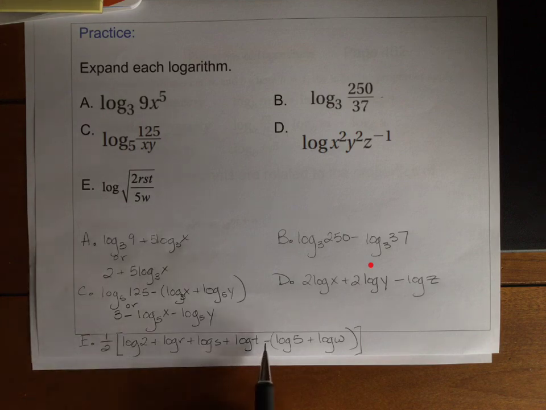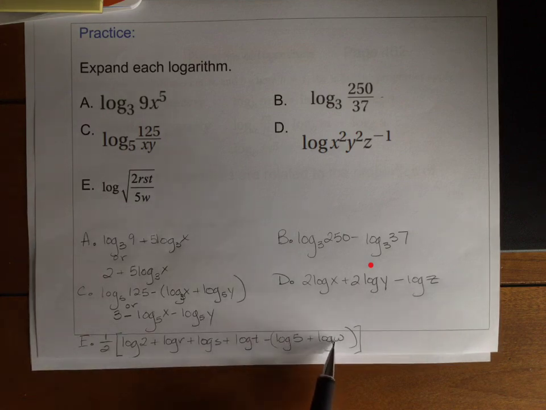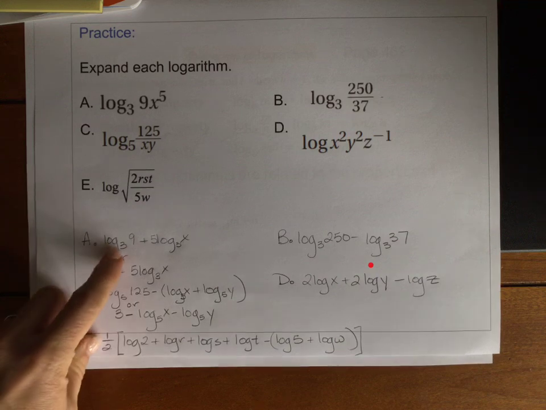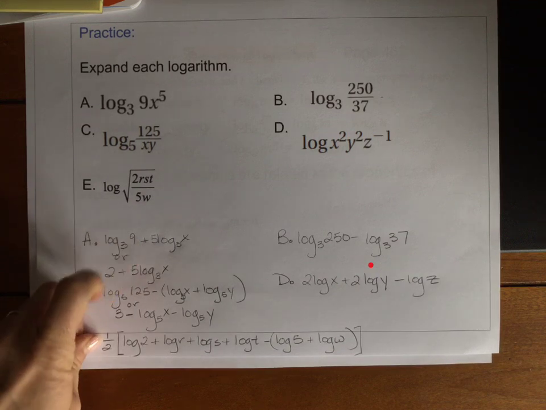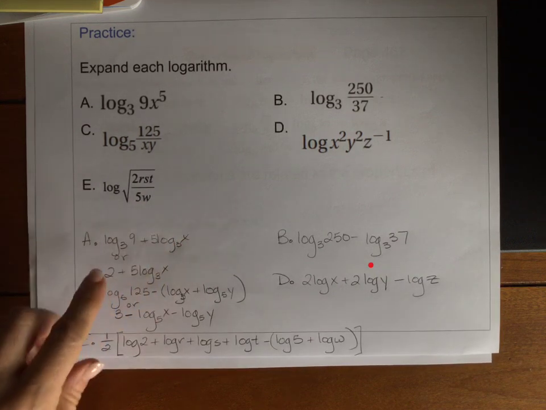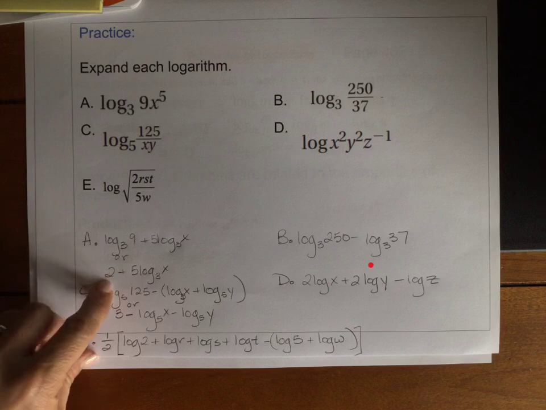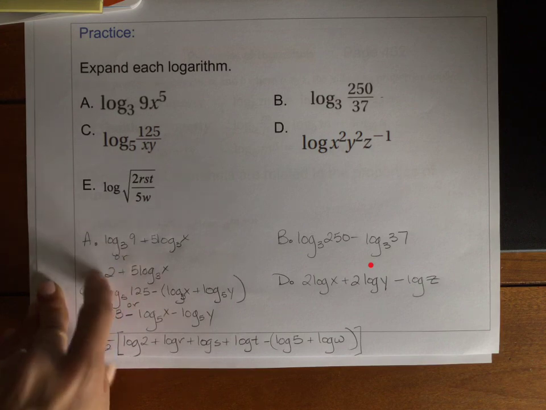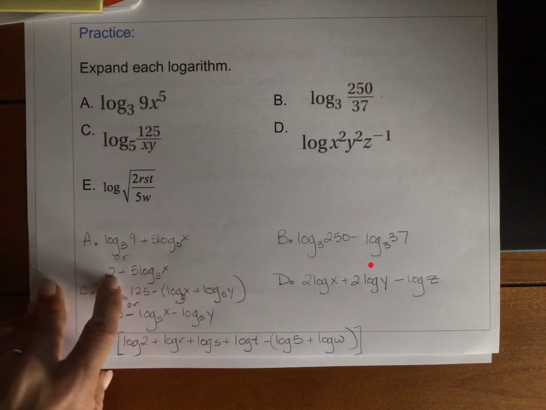You could have probably simplified more by distributing the negative there. Also notice on A, log base 3 of 9, you could have kept it like this, or log base 3 of 9 is also 2. And so if you're looking at the answers in the back of the book and maybe it has, instead of the log base 3 of 9, this is why.